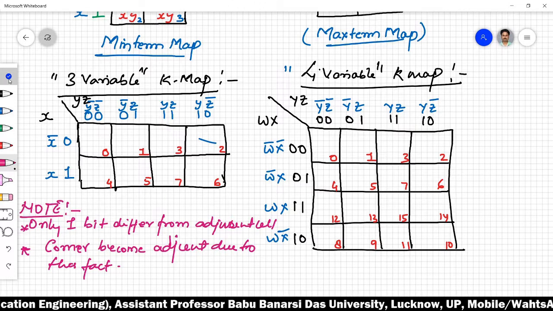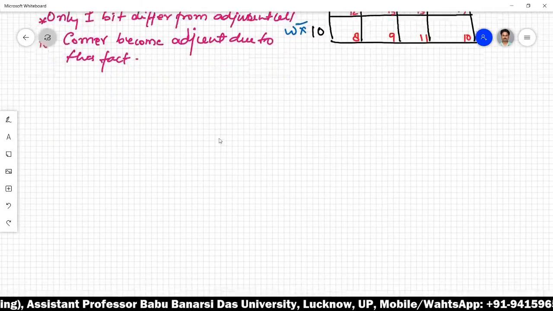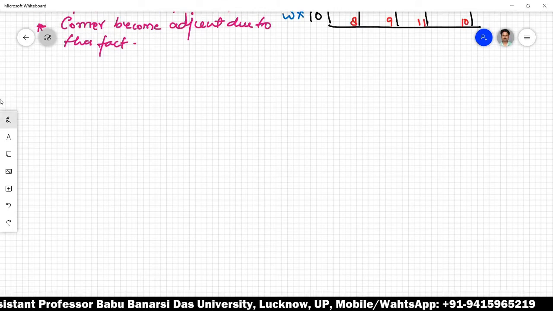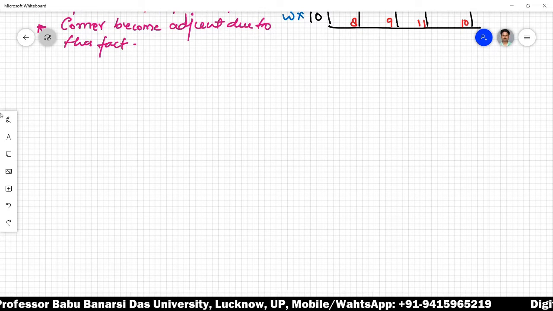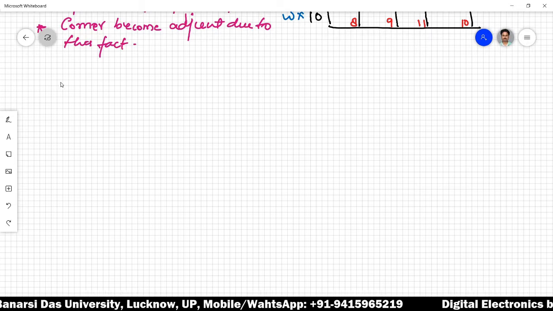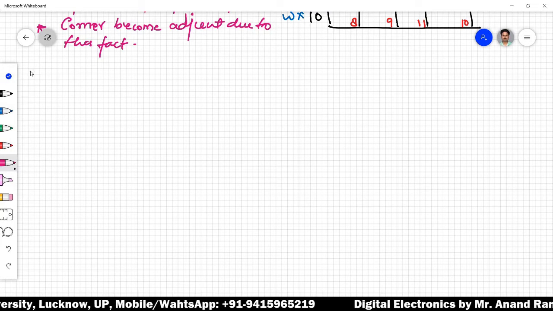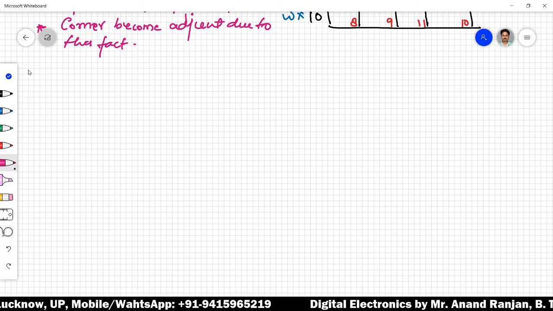All right, so let us move forward, and we also take a few very interesting points before we take some numerical problems to solve K-map simplification. And these points are the number of cell grouping.